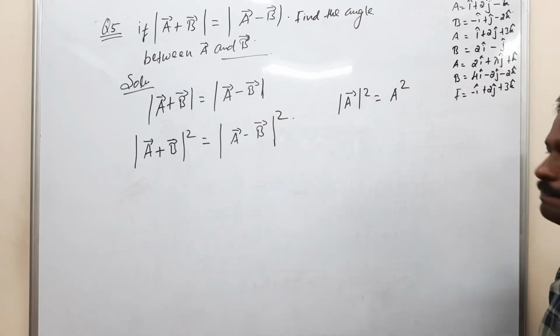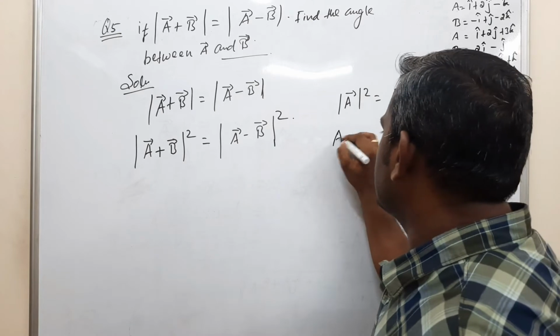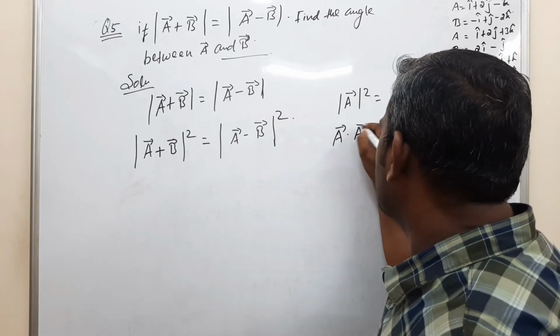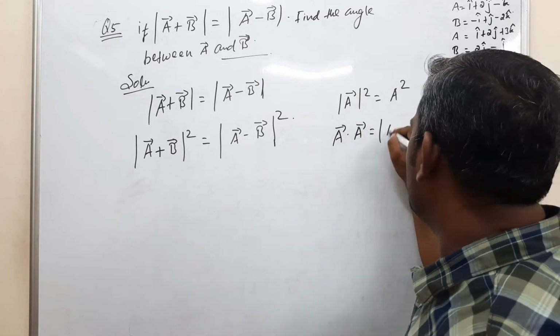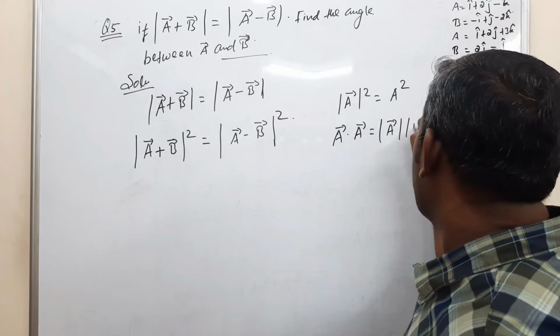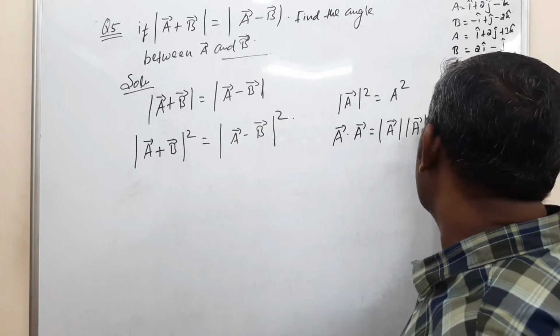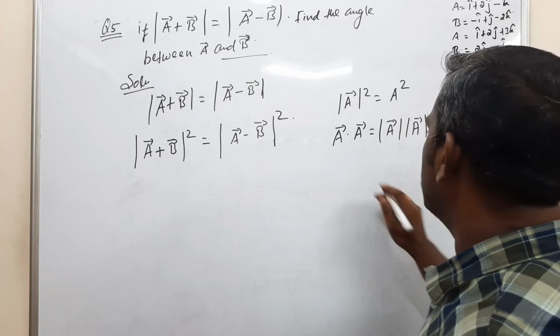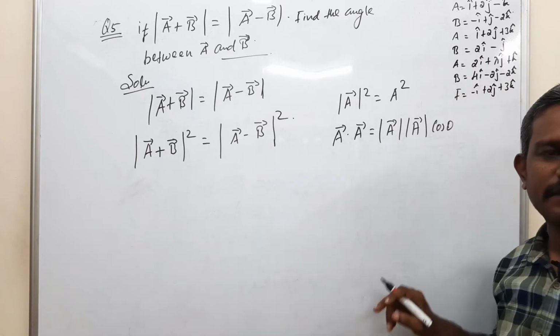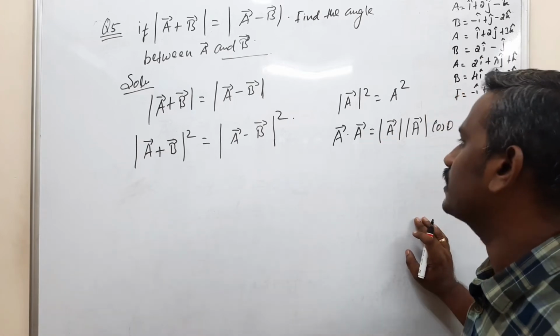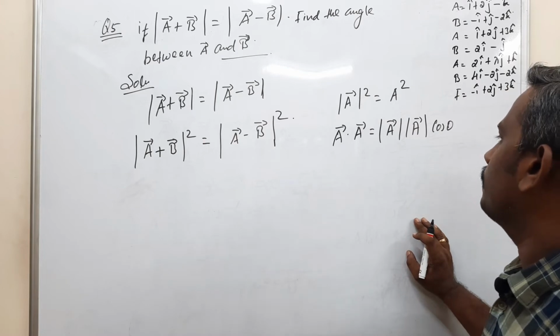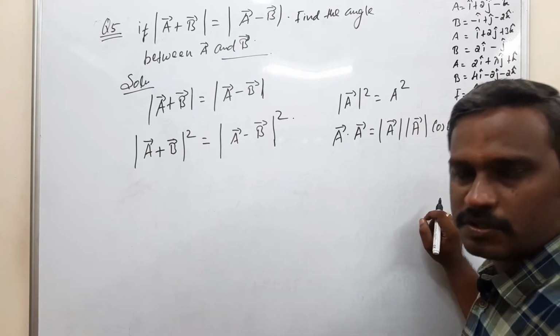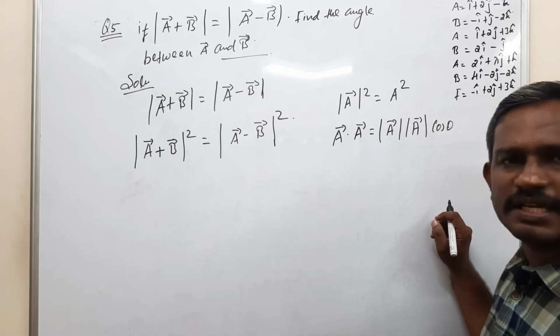So A vector dot A vector, what is the answer? That's equal to modulus of A vector, modulus of again A vector, then cos 0. So the dot product of a vector with itself, cos 0. The angle between the two vectors A and A is 0.